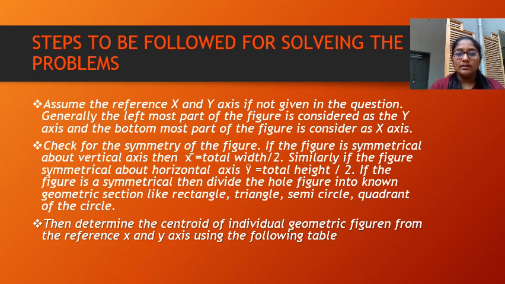If the figure is not symmetrical, then divide the whole figure into known geometric sections like rectangle, triangle, semicircle, quadrant of a circle. The third step is to determine the centroid of the individual geometric figure from the reference x and y axis using the following table.